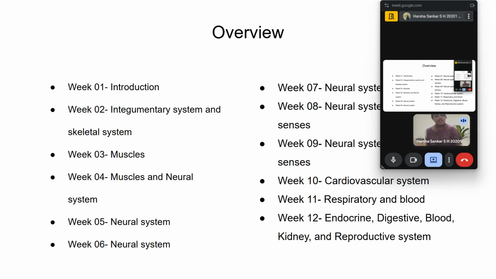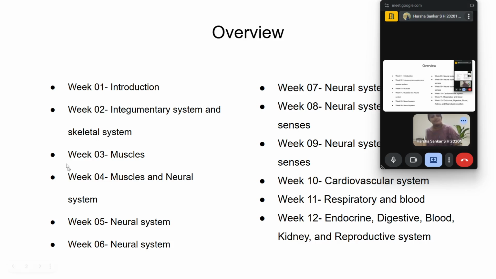Weeks 3 and 4 were the continuation of that: how the skeletal muscle coordinates its activity with the neural system, what the structure of a neuron is, how information gets passed, what action potential is, what excitable cells are, how action potentials are generated and transmitted across neurons, what synapses are, what other types of cells are present in the brain and their functions, and coming to diseases, different types of degenerative disorders and spinal disorders, all these things we have seen.